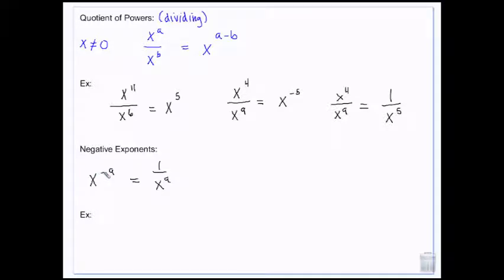So whenever we have a negative exponent, we take the reciprocal. So if the negative exponent is here, we throw it in the denominator. If the negative exponent is already in the denominator, it comes to the top. So the negative exponents are not allowed.